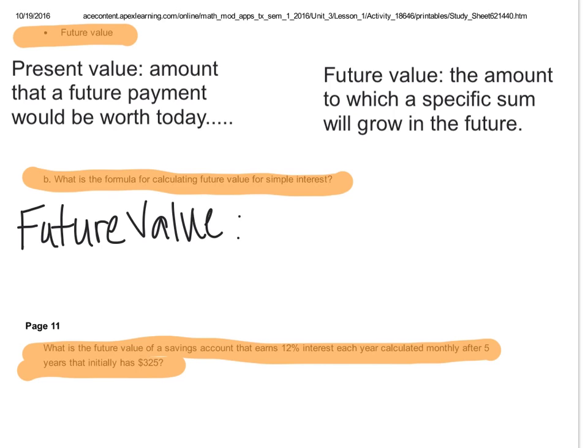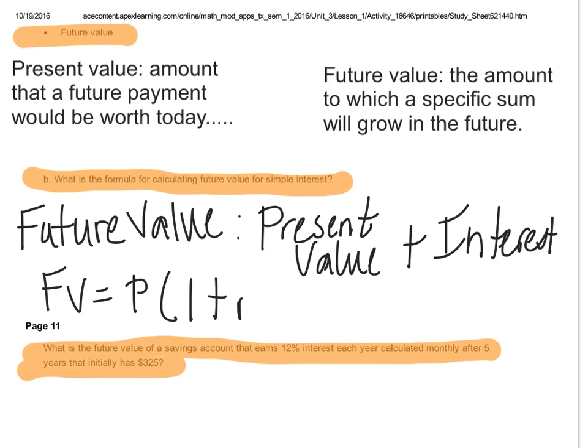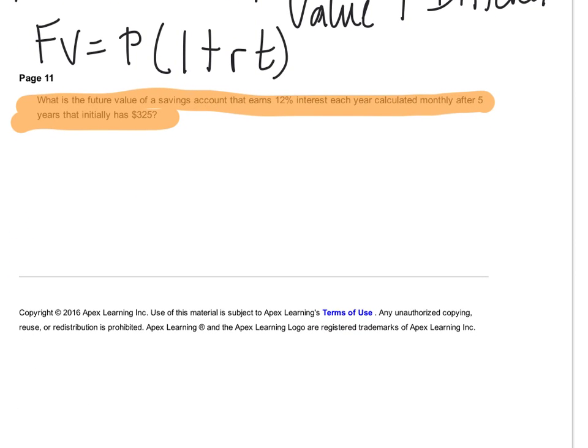It's going to be the present value plus interest. And what it looks like in symbol form, they just put FV equals P times 1 plus the periodic interest rate times the time, the amount of times that you would get that payment during that cycle. So let's give one a try.